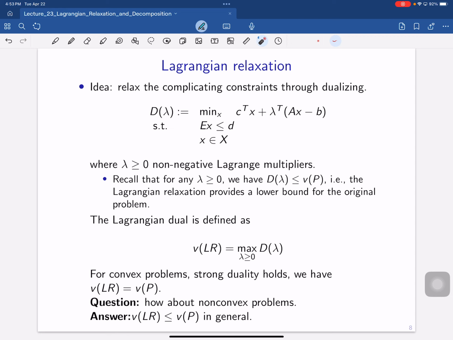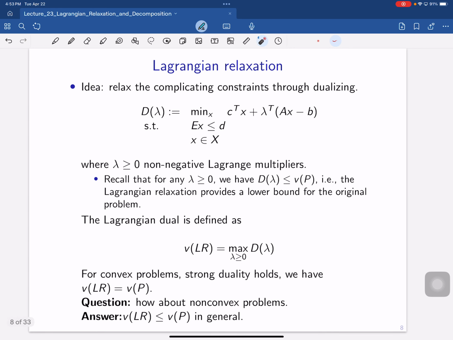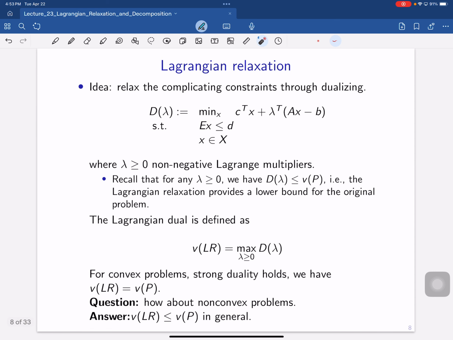Okay, so you can only say the Lagrangian relaxation is less than or equal to the value of the primal problem. But then what is this gap? It is not so clear to us at this point. Okay. Yeah, let's see, any questions at this point?